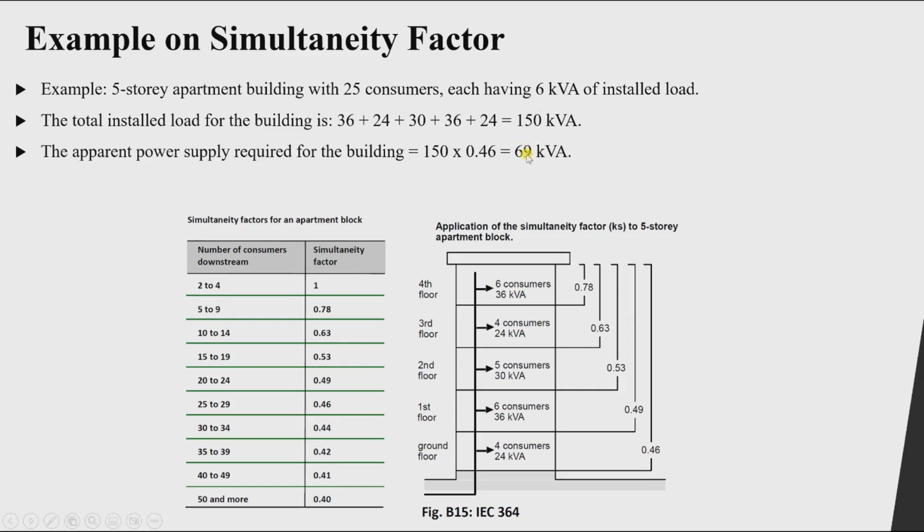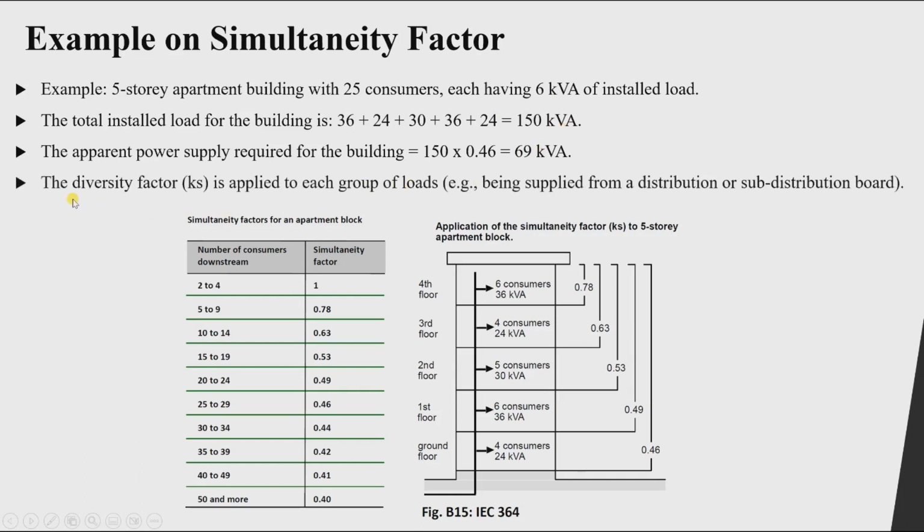You can see there is a big difference between them. Why this big difference? Because as the number of consumers increases, the possibility of them operating at the same time is much lower. You can see that by applying the diversity factor or simultaneity factor, you now have much lower power required, which means a very low cable rating and very low circuit breaker rating compared to the 150.